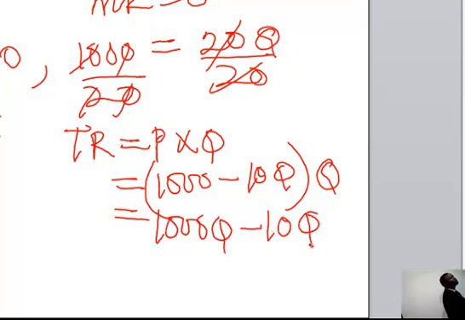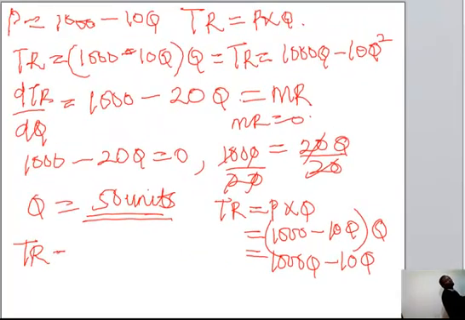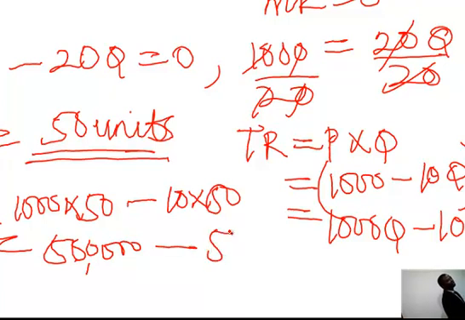So now substituting this 50 into total revenue, we have total revenue equal to 1000 times 50 minus 10 times 50. So this we have 50,000 minus 2,000.